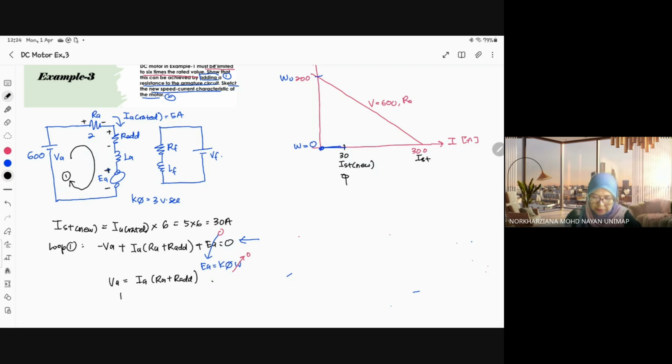Now rearrange for the additional resistance: RX equals V over IA minus RA.